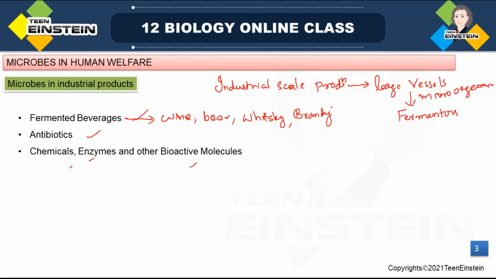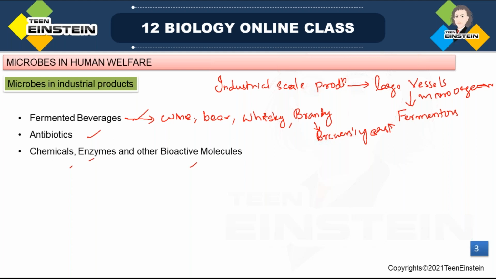Okay, Saccharomyces cerevisiae, which is used for bread making, is commonly called brewer's yeast. Okay. Saccharomyces cerevisiae is used for the production of beverages like wine, beer, whiskey and all.